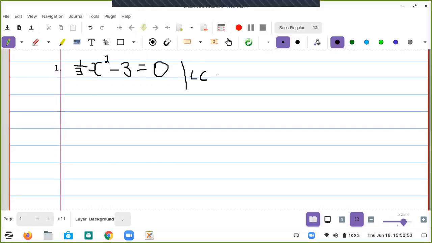Remember, the LCD means the lowest common denominator. So this is the LCD of 1 and 3, which is equal to 3. That's my LCD. Now, I'm going to multiply each term by 3 so that I get rid of denominators, or so that I get rid of fractions.